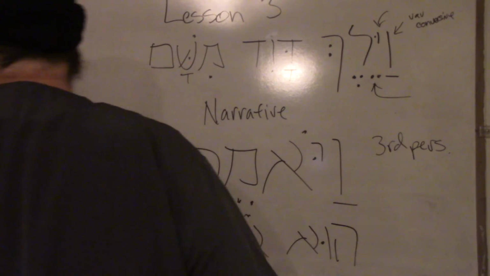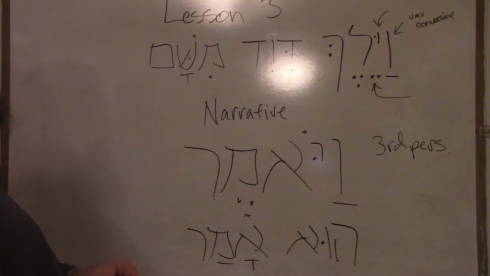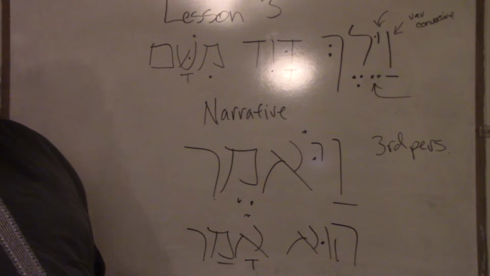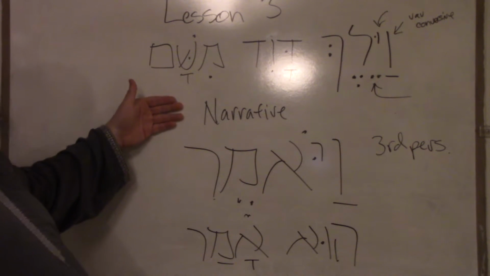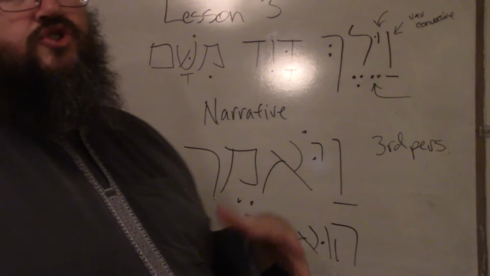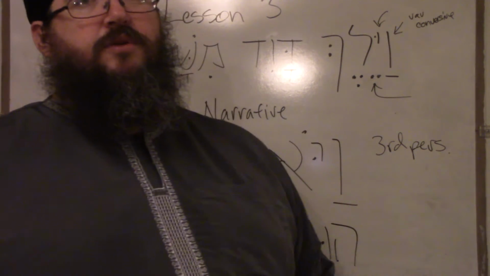So if I wanted to utilize vayomer and just start writing some simple sentences, but instead of using the narrative form, which I want you to understand is probably the trickiest of all the verb forms we have in Biblical Hebrew.